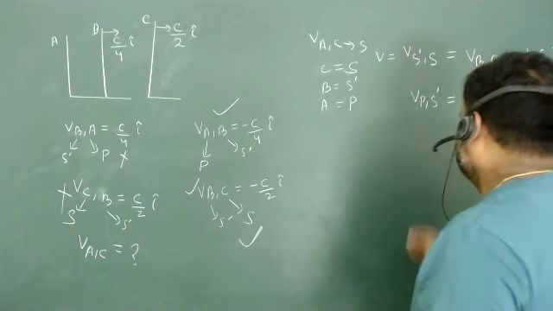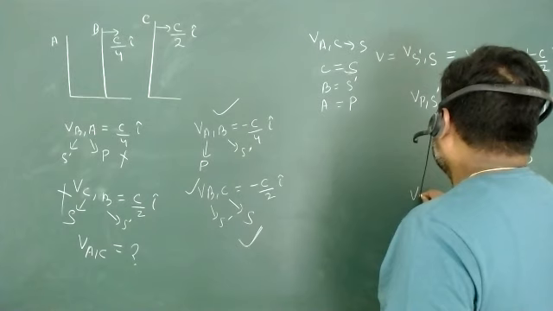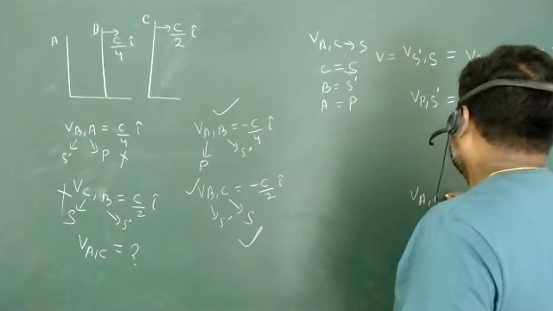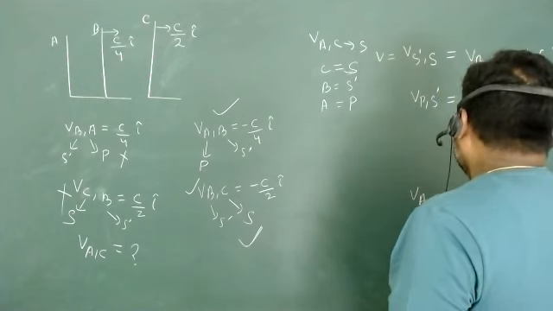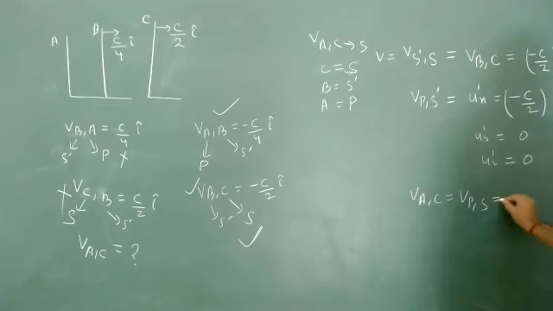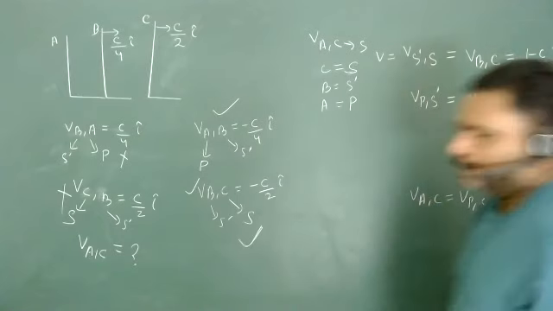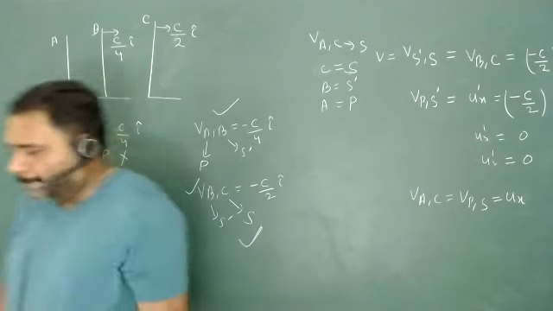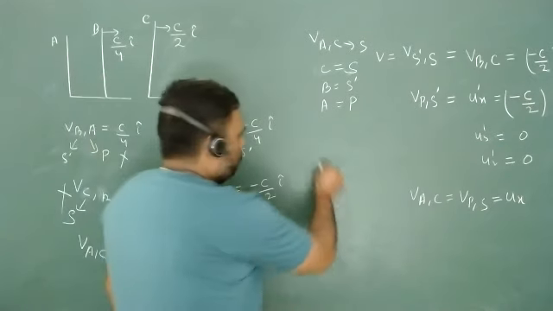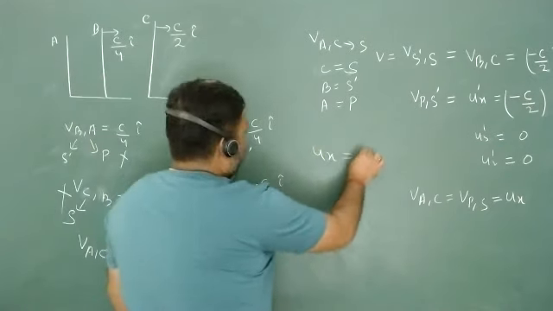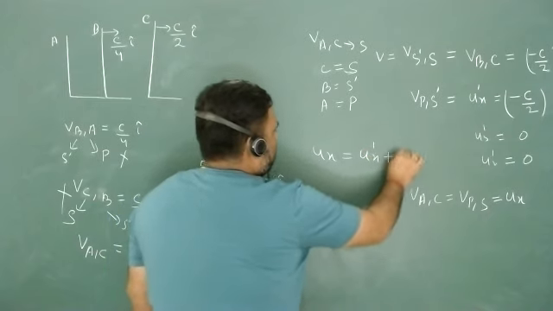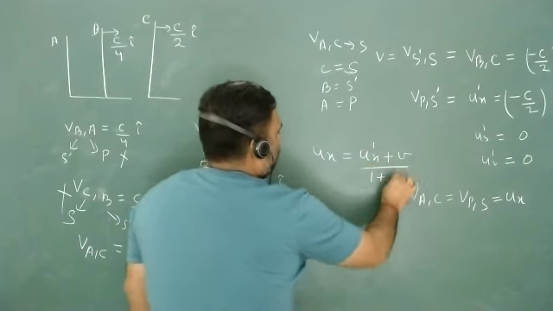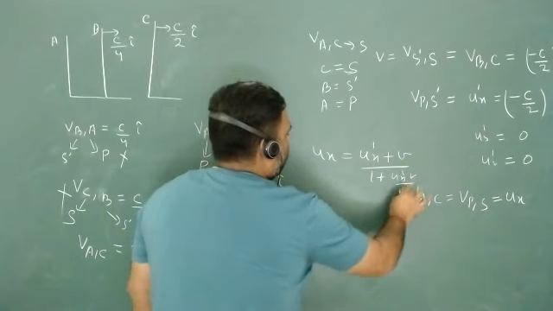Again, you have to calculate velocity of A with respect to C, that is velocity of particle with respect to S, and this is nothing but Ux. And I have the formula: Ux is equal to Ux dash plus V, upon 1 plus Ux dash V upon C square.